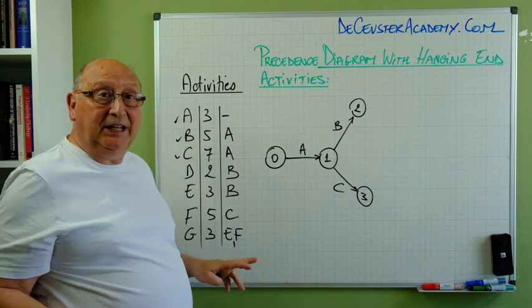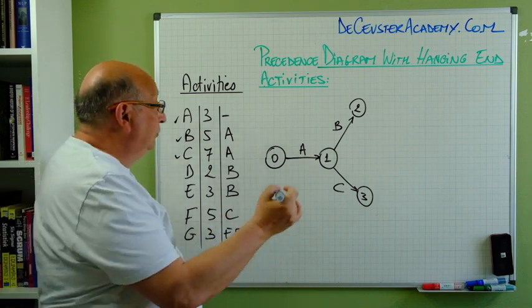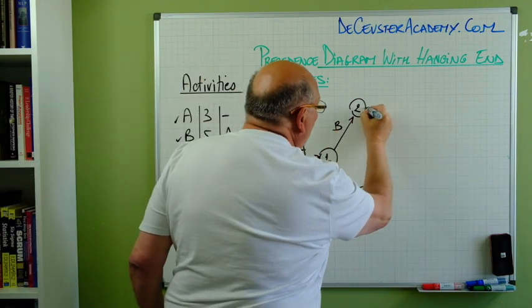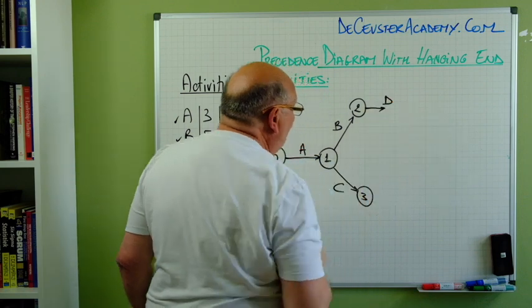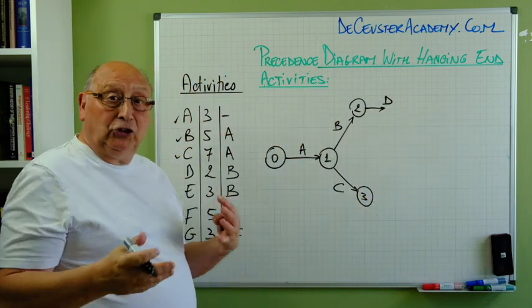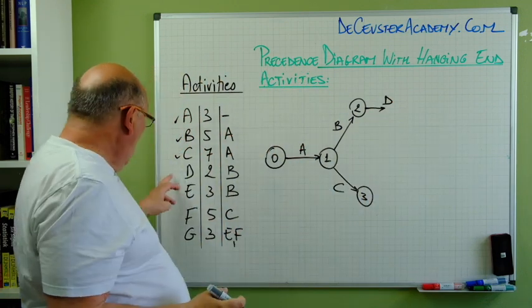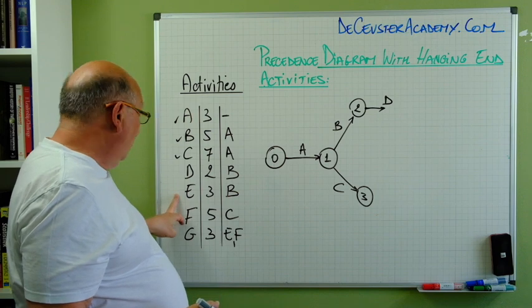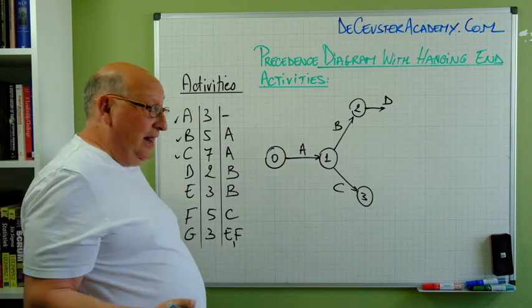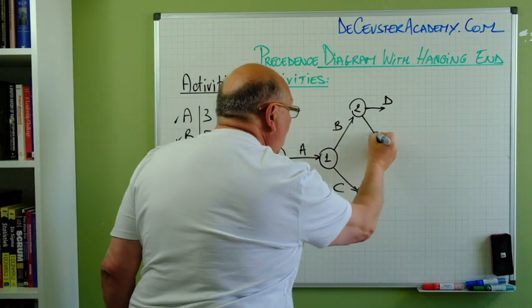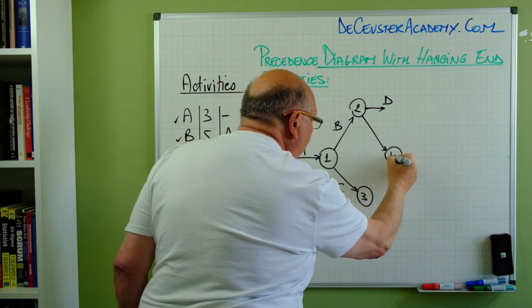D is after B. And here I'm going to wait a little bit. I just draw it a little bit like this, D, because we will adjust this later on. Another element, E, is also after B, and we draw this to node 4.